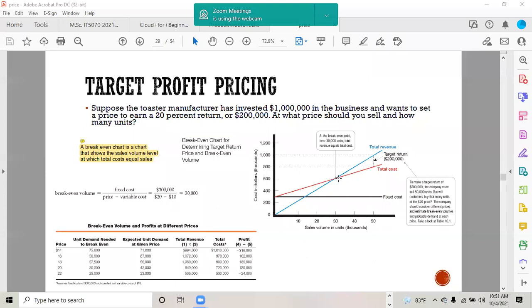Right at this point, the total revenue is equal to the total cost, and then this gap, when the total revenue goes up passing through the total cost curve, gives you the return, the profit that you are making. So when the gap gets bigger and bigger, your returns increase. We talked about this last time.